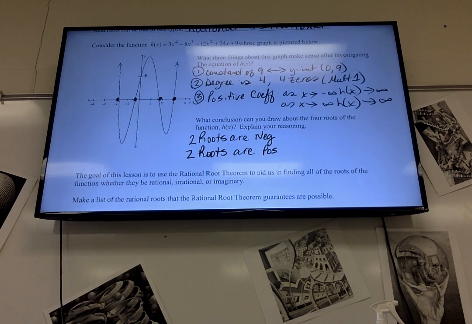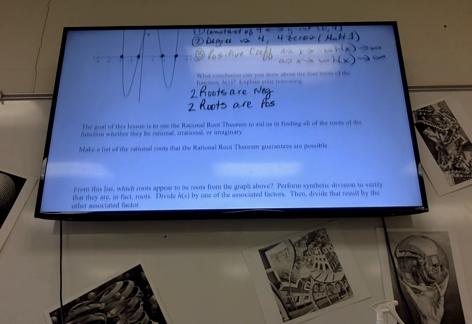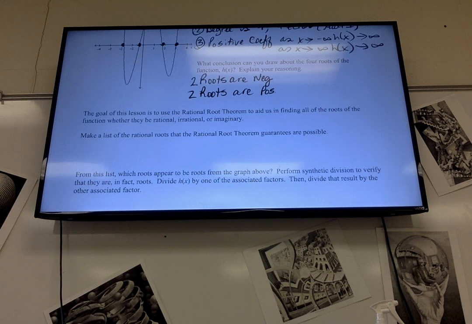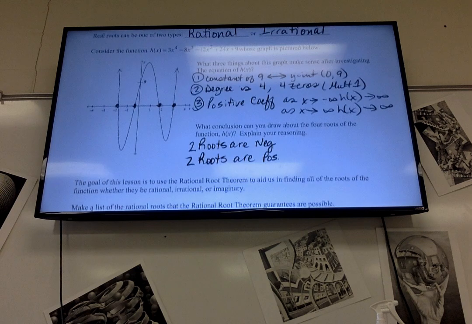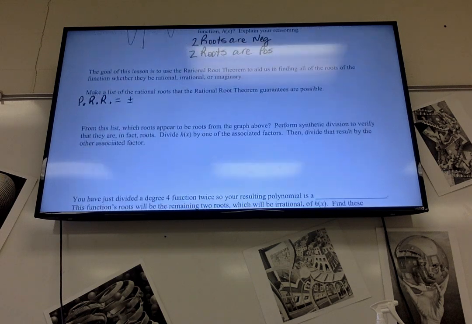Okay, so now we're going to find those zeros. We're going to make a list of the possible rational roots using putting your P's over your Q's like we did yesterday. So possible rational roots are plus or minus the 9, the factors of the 9.